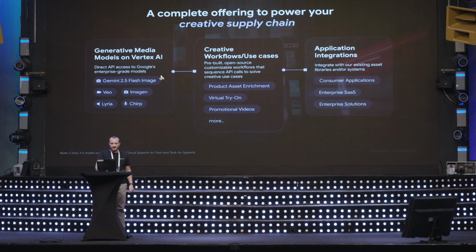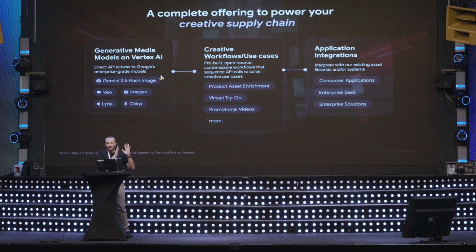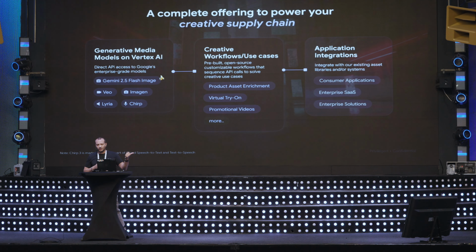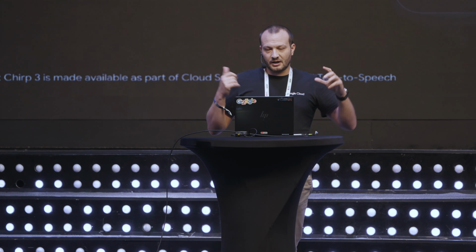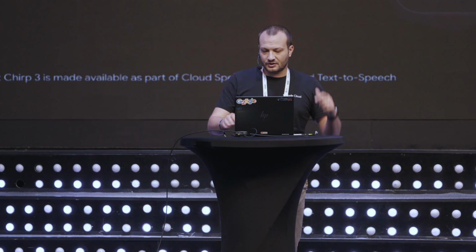the APIs. So, to split what we have, the models: Gemini 2.5 Flash, the Nano Banana. We have Veo for video generation, Imagen for image generation, and for the sound part, we also have Lyria and Chirp.